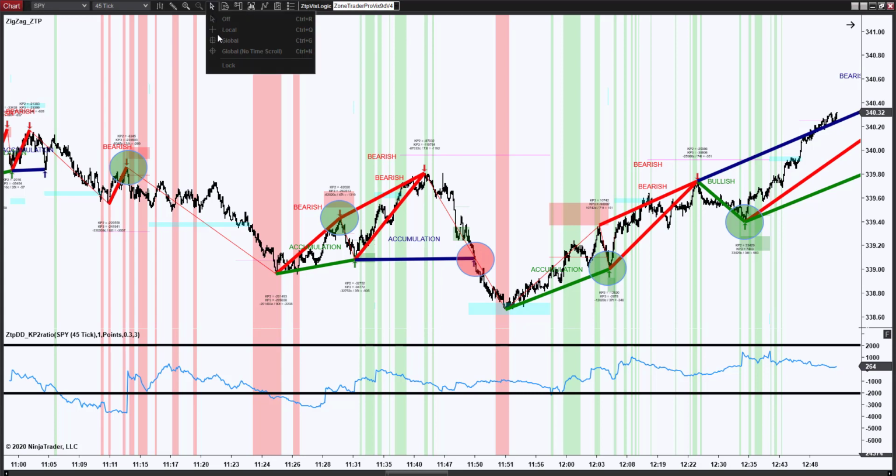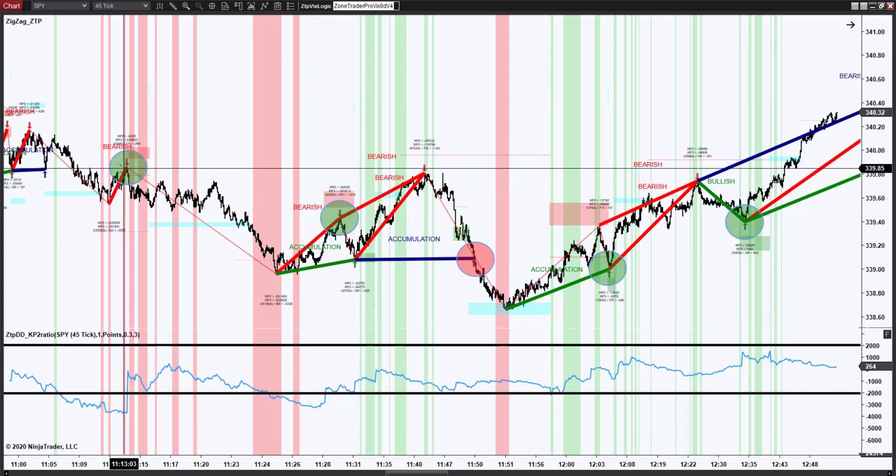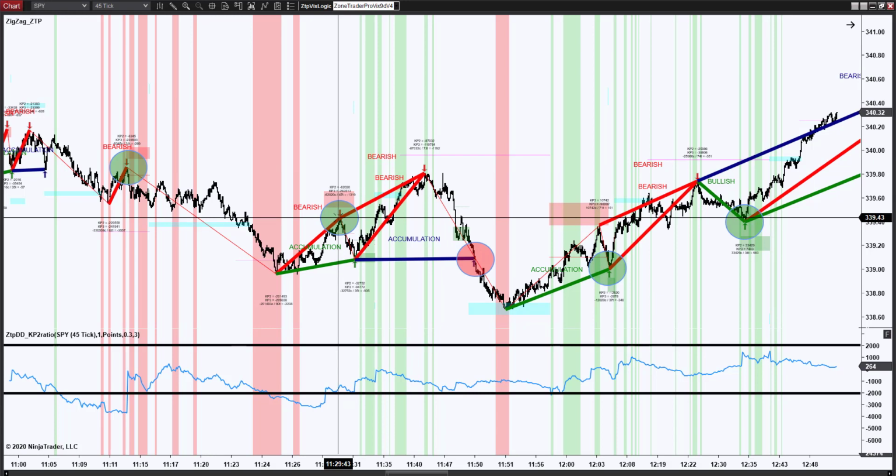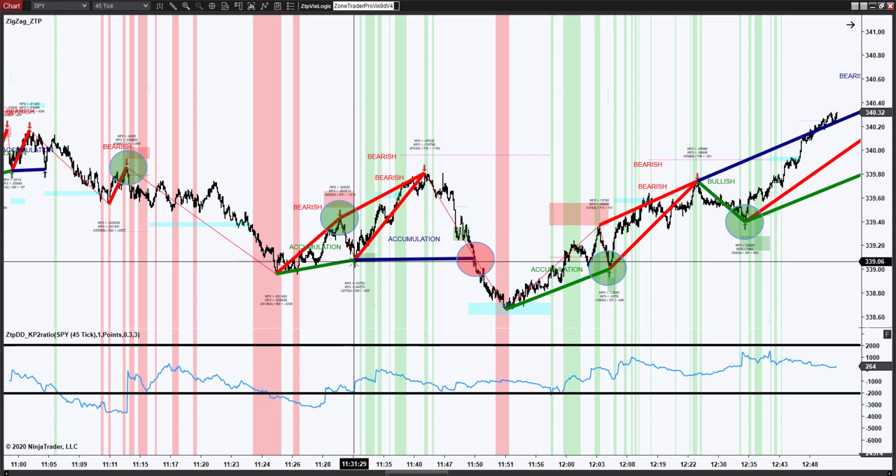So for example, the first short trade here would have been counted as a win. This second short trade here would also have been counted as a win. However, we had an accumulation long trade here, but the VIX background had not turned green yet.